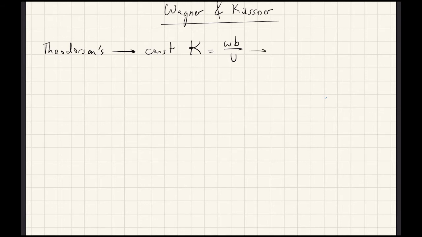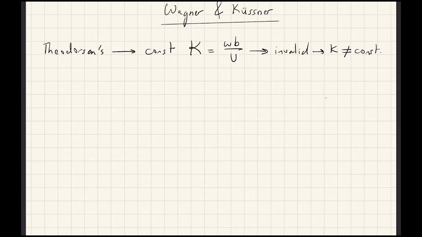So this model is invalid for a reduced frequency that is not constant, which means that if either your omega, your b, or your free stream are changing in time, your Theodorsen in the format that we derived would not be applicable.